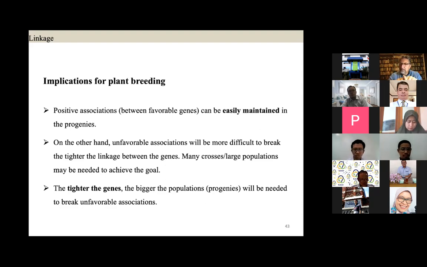Only with heterozygous in both loci, then you can have the change. Let's say it was a repulsion phase, you can change from a repulsion to a coupling and then have the good alleles in both genes.